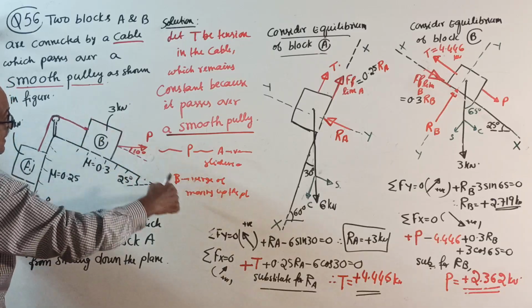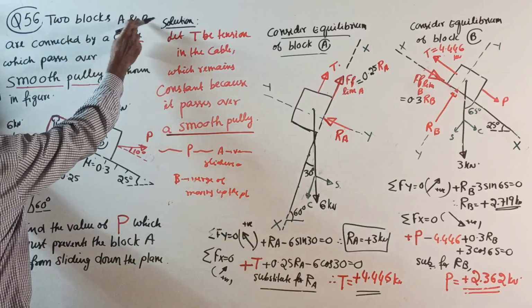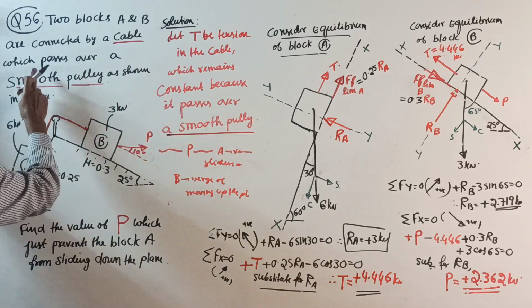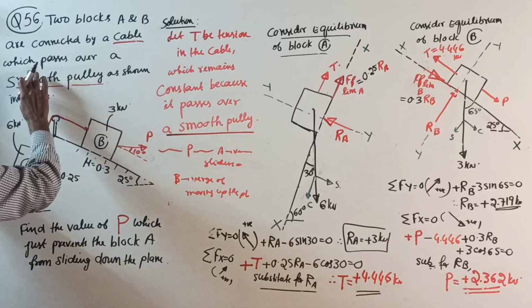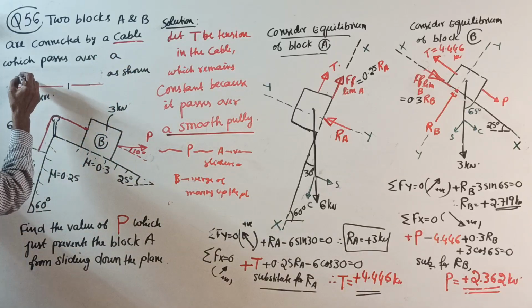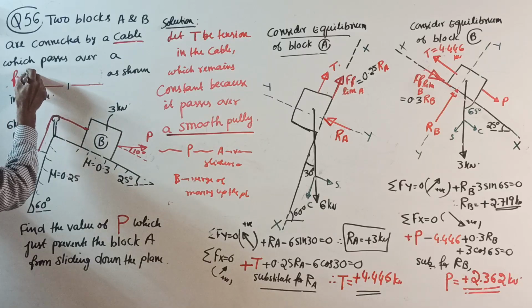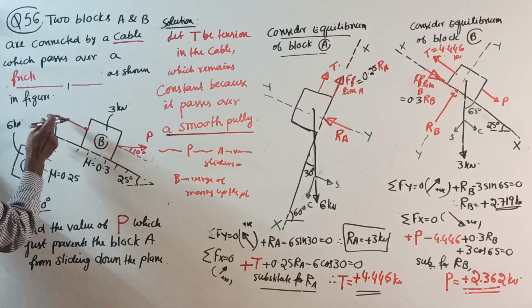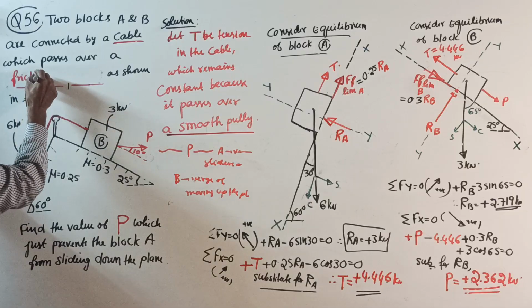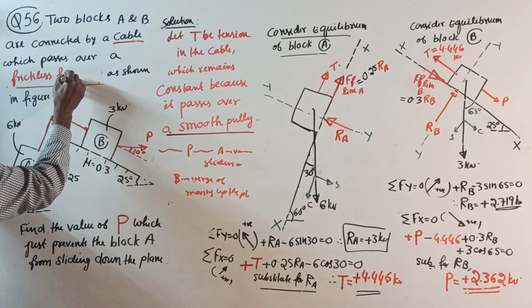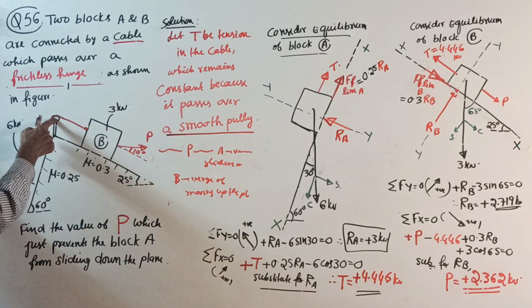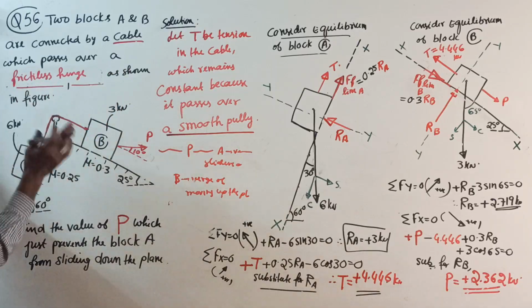Question is, two blocks A and B of weight 6 kilonewton and 3 kilonewton, connected by a cable which passes over, I'll change the language, a frictionless hinge. See, last time you wrote here, this is a smooth pulley, frictionless hinge. Both are the same meaning. So this time you write here, later when you solve, frictionless hinge as shown in figure. Okay.